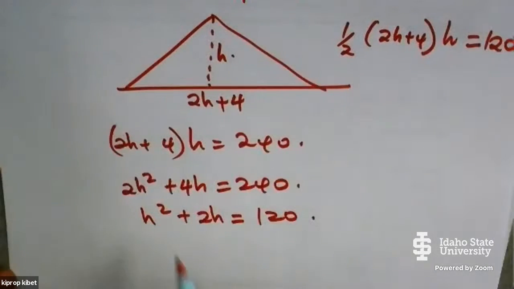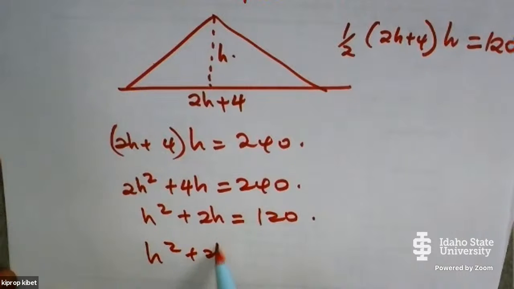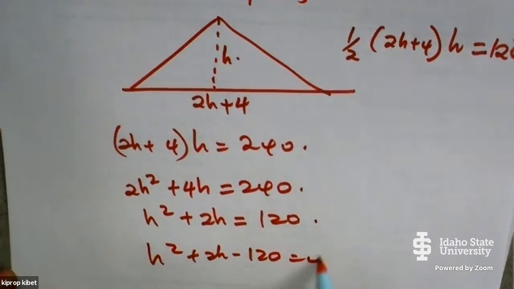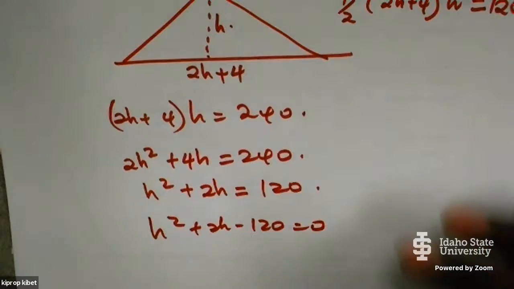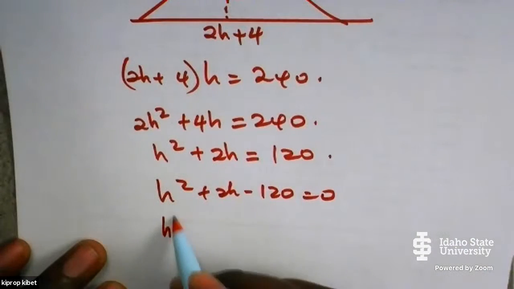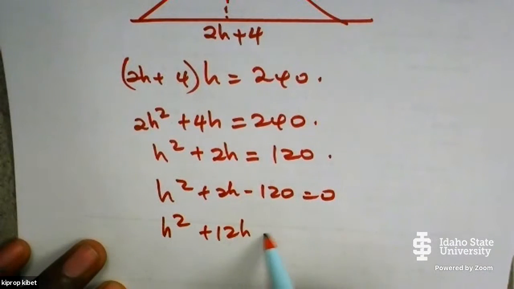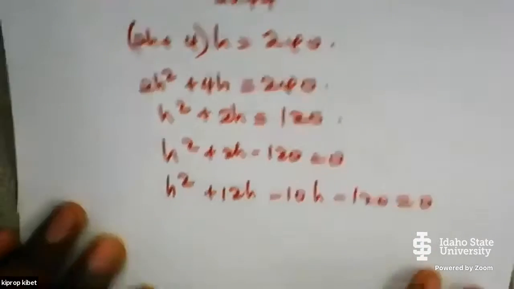So the product is 120 and the sum is 2. What are the two numbers? 12 and 10. So if you take 12 and negative 10, we have h squared plus 12h minus 10h minus 120 equals 0.